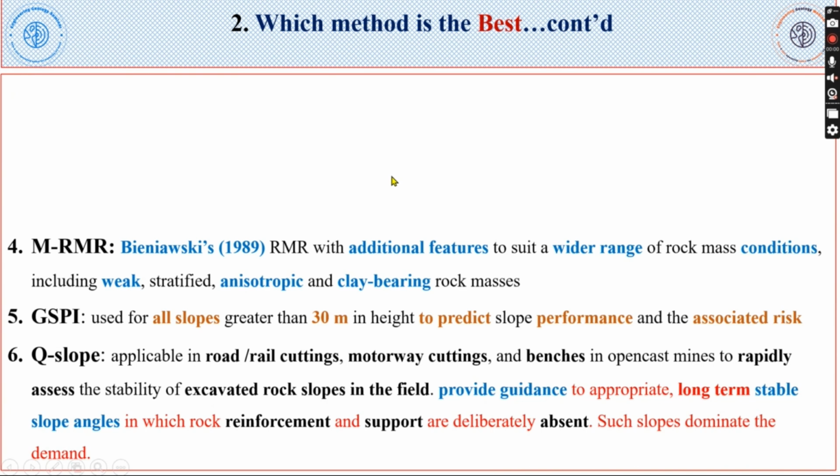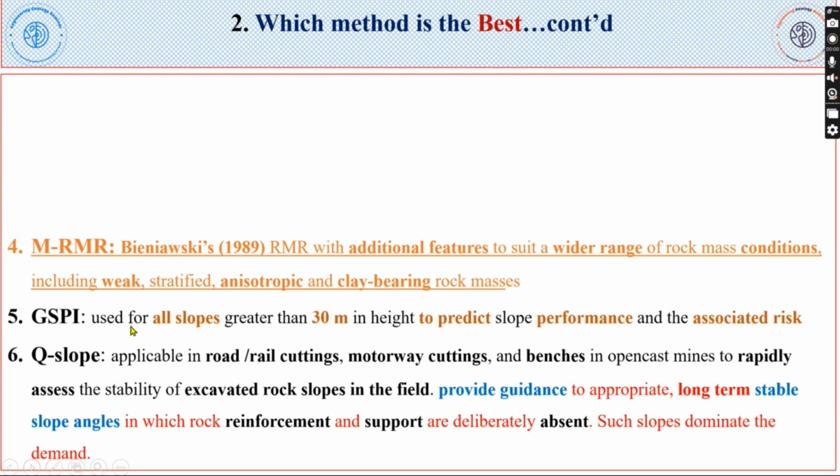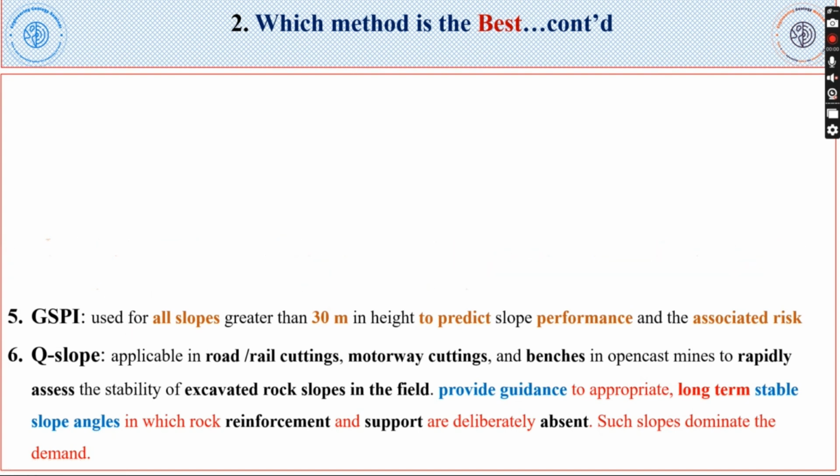The fourth method is known as the modified rock mass rating of Unal et al., 1992, and this method is a modified version of Bieniawski's 1989 rock mass rating. It has additional features to suit a wider range of rock mass conditions, including weak, stratified, anisotropic, and clay-bearing rock masses.